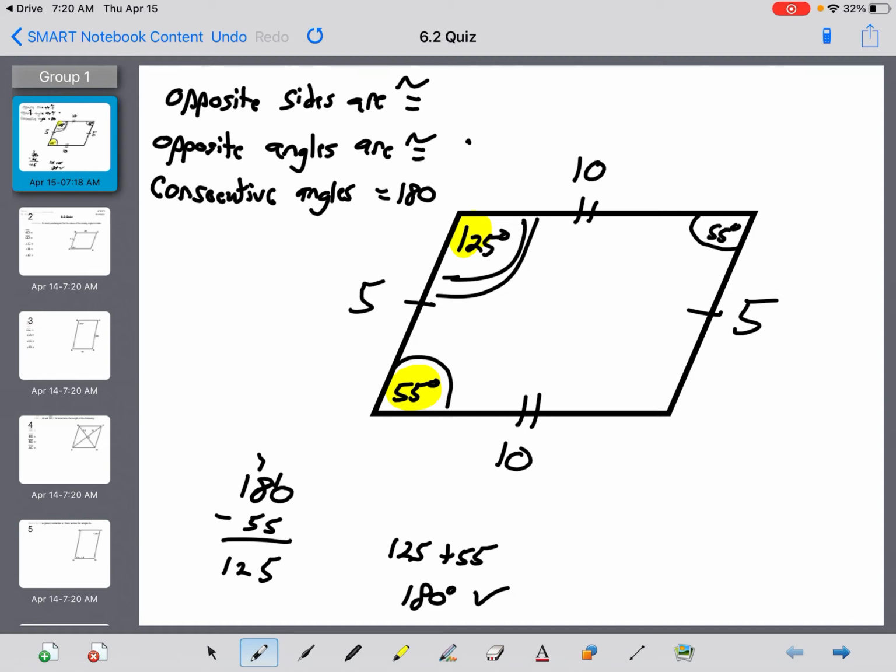Then you can go back to rule number 2, which is opposite angles are congruent. Well, opposite from my 125 would be over here. So this also must be 125 degrees. So these are your 3 rules that you really need to know. Opposite sides are congruent. Opposite angles are congruent. Consecutive angles add up to 180.